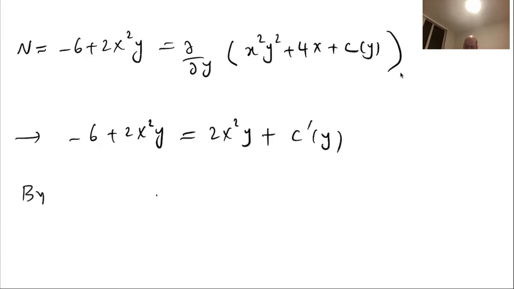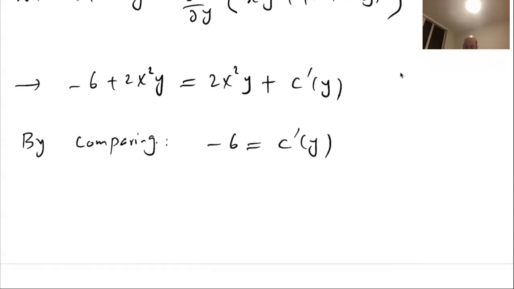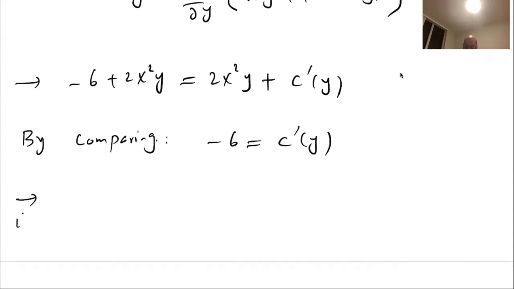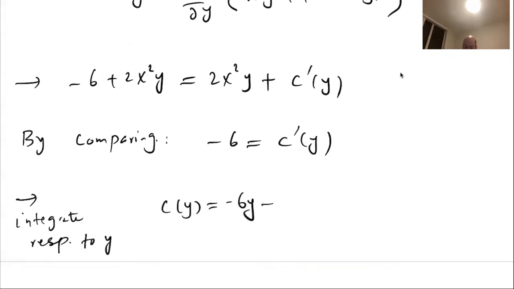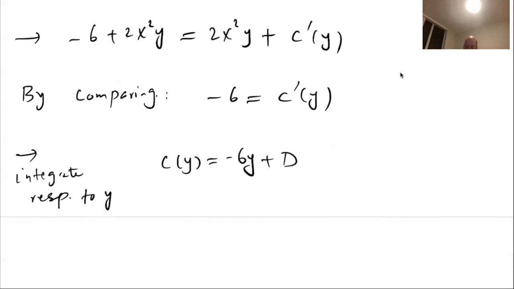Now if I compare two sides, we can say that minus 6 is equal to c prime of y. And that means if you integrate with respect to y, then we will have c of y equals minus 6y plus a constant d.